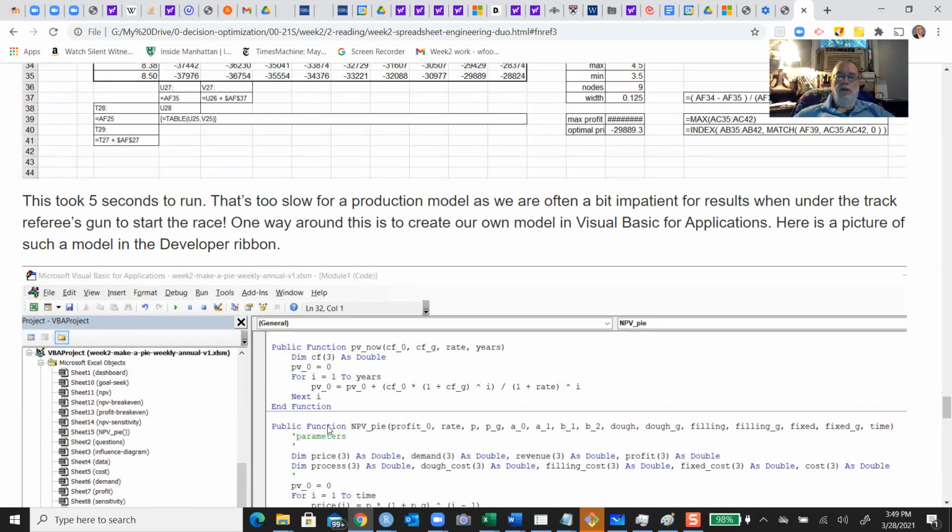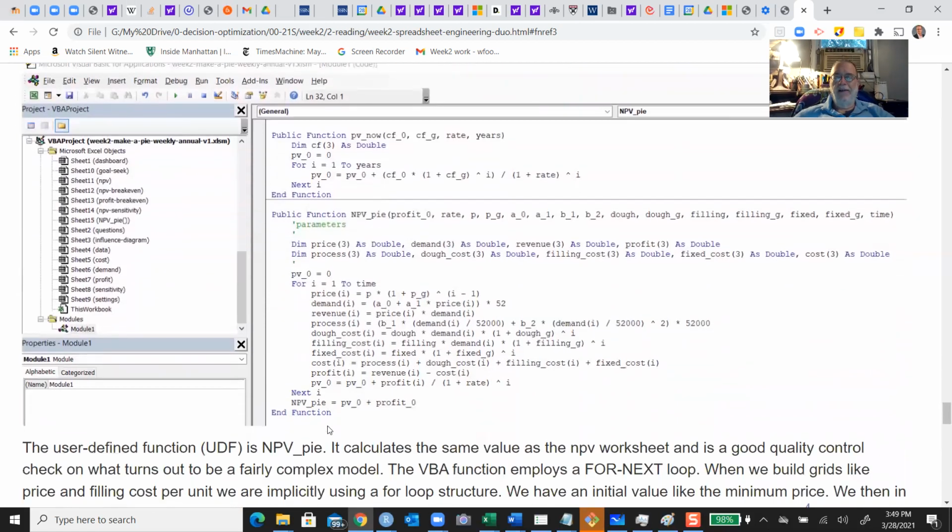There's another way to do this, and it's also a check on the calculational integrity of our model, is to create this. And this is the algebra in this for loop, which calculates and accumulates present value calculations. So it's very finance-like.